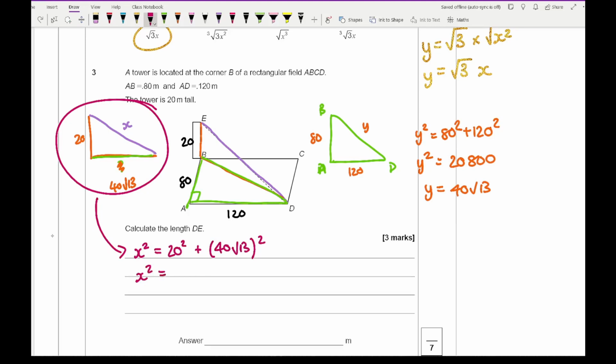If I type that all into my calculator, I get an answer of 21,200. So therefore x equals the square root of that, which gives me an answer of 145.6, and that's in metres, and that's to 1 decimal place.